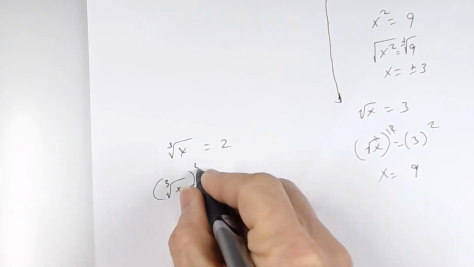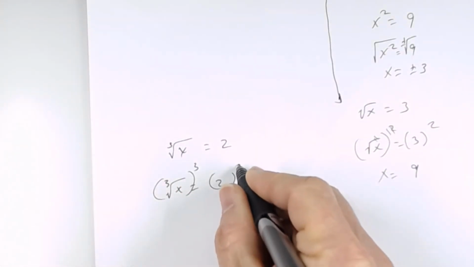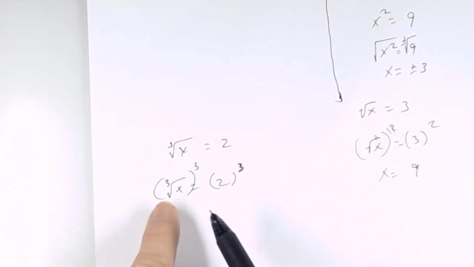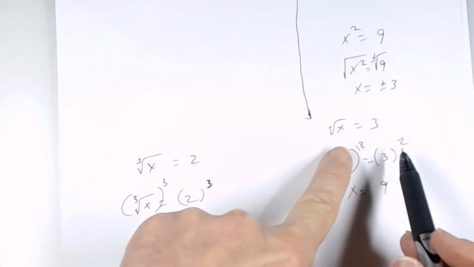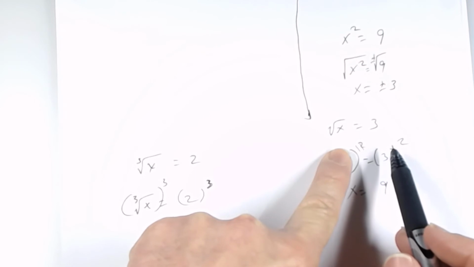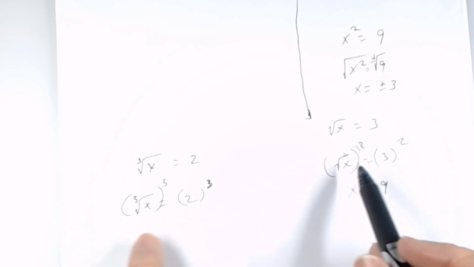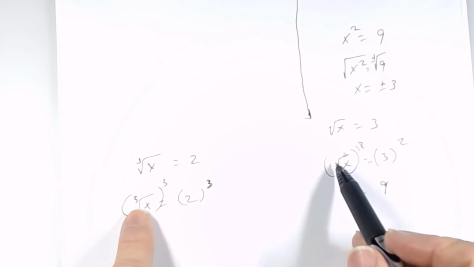So I cube both sides. So notice when I raise both sides to a power, what I raised it to was the same as the index.